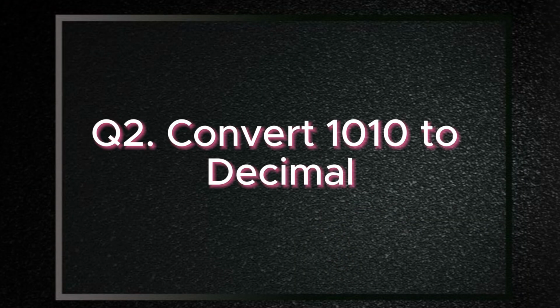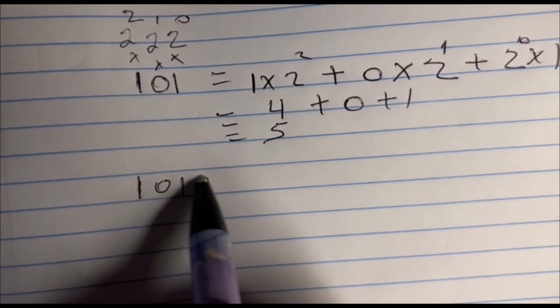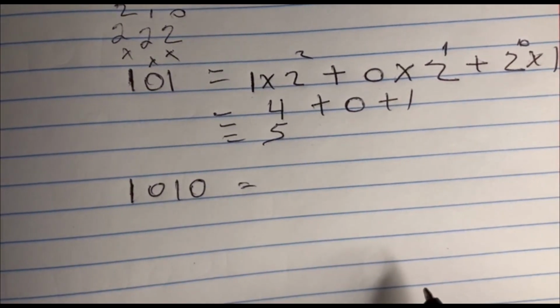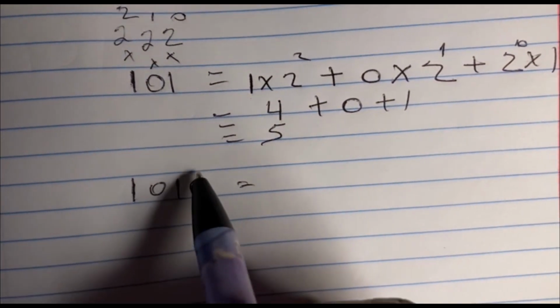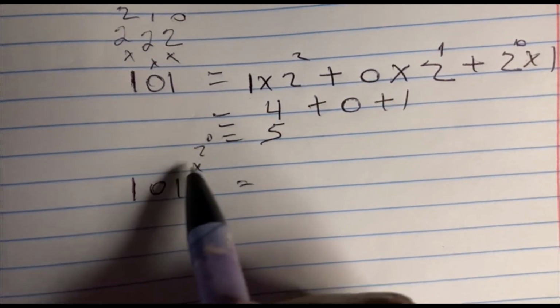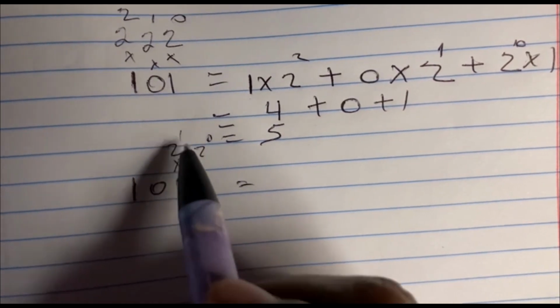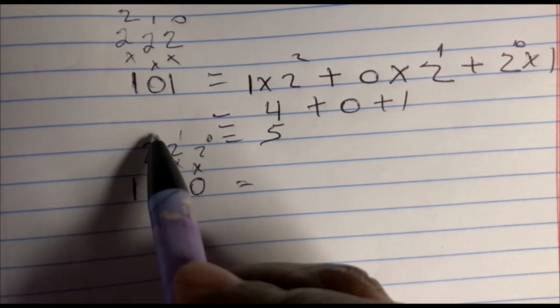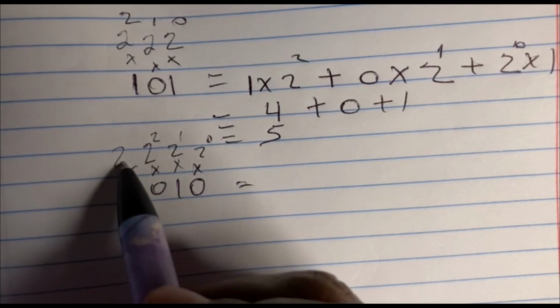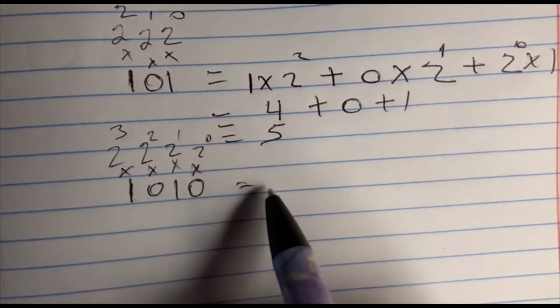Let's continue. The next example will be 1010. Let's see what this one will be. So we multiply by 2 to the power of 0, 2 to the power of 1, 2 to the power of 2, 2 to the power of 3.